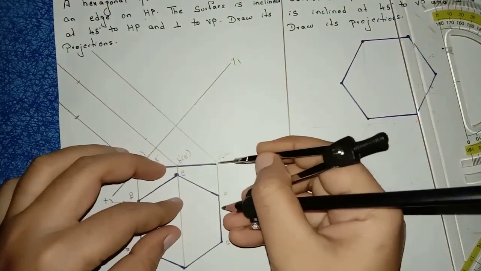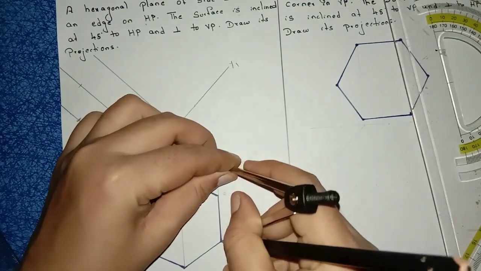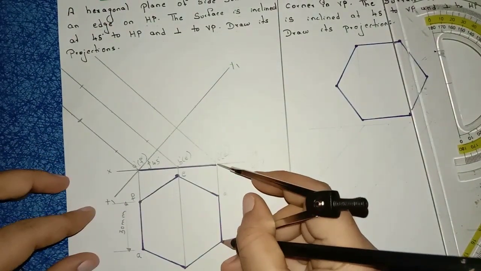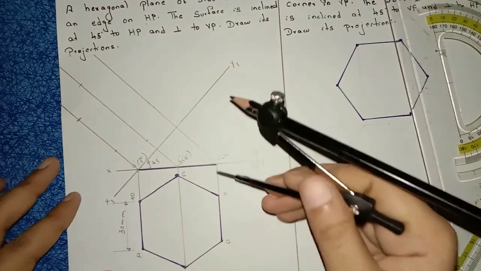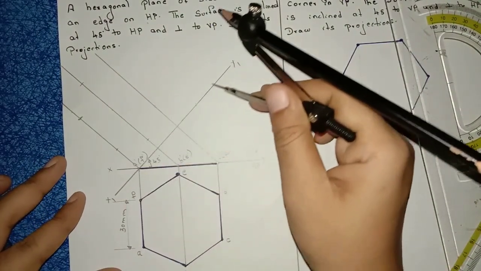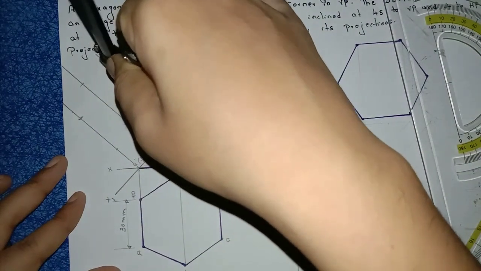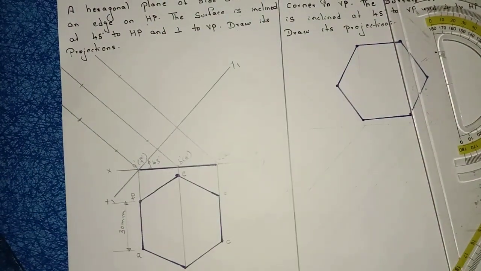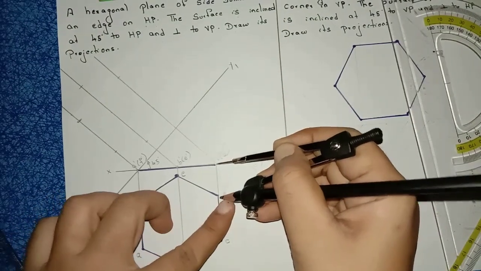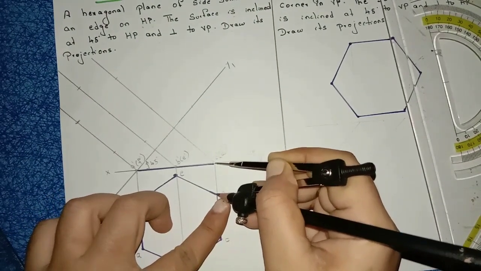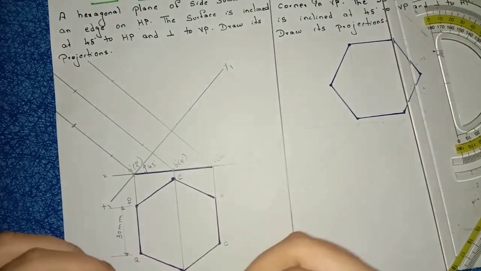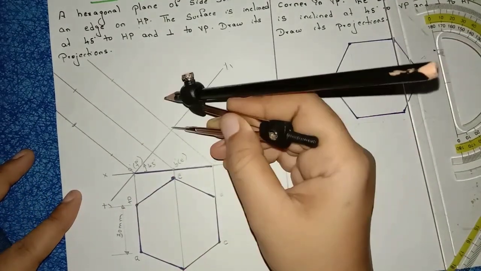Then next same, from the actual reference line to C point, I will take this distance. Again, I will keep the compass on the new reference line. From this C point line, I will mark C. Right? Same process from the reference line to D point. I will take this distance, right? I will keep my compass on the new reference line.